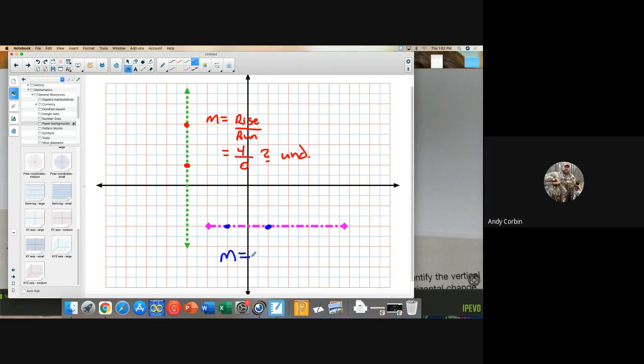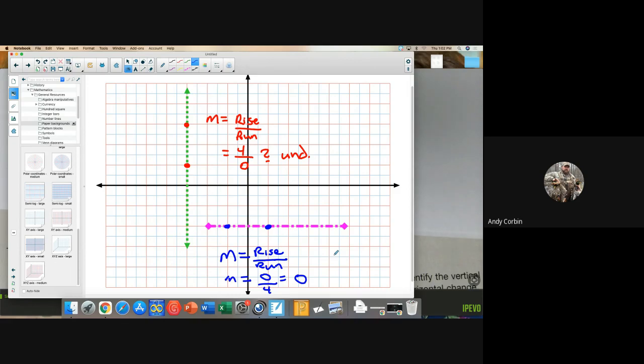M is equal to rise over run. What's the rise? It's 0, right? You don't go up or down to get from this point. What's the run? 1, 2, 3, 4. So what's the slope? 0.